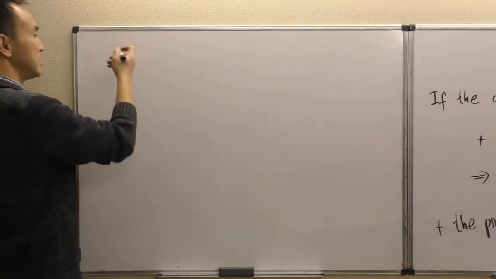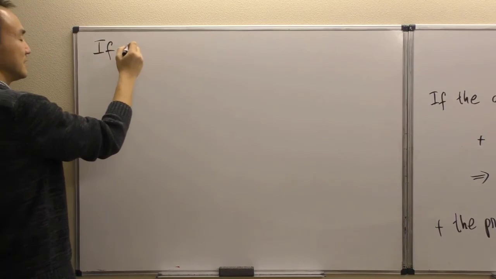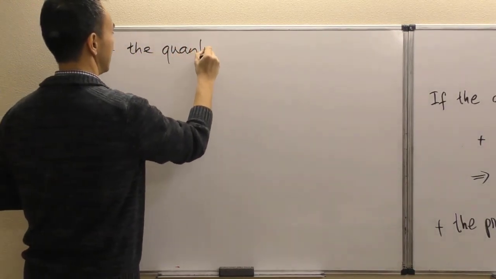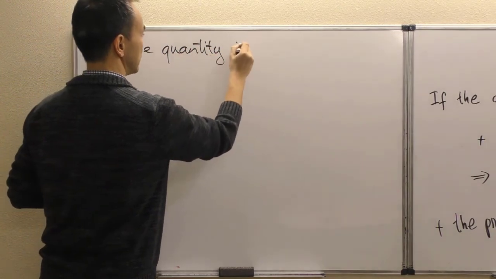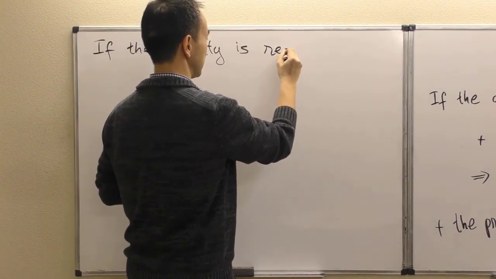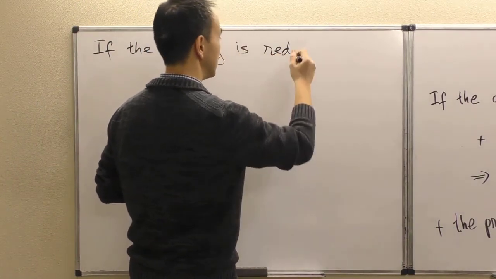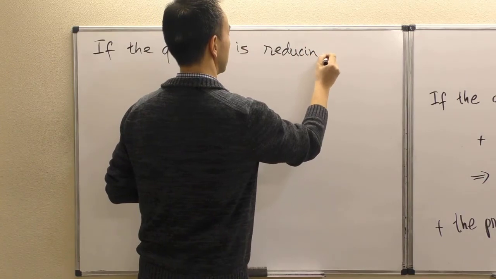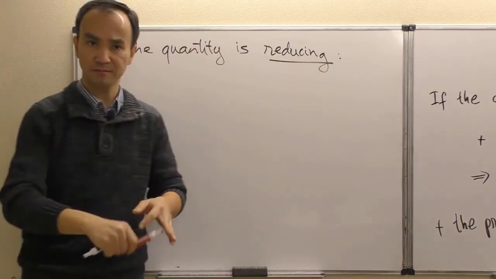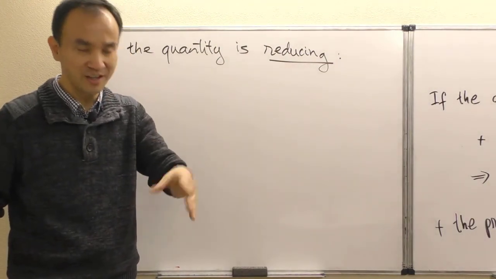All right, so now if the quantity is reducing, okay, I always want to start out with daily terms first. In daily language, we notice there's a reduction of the quantity over time.